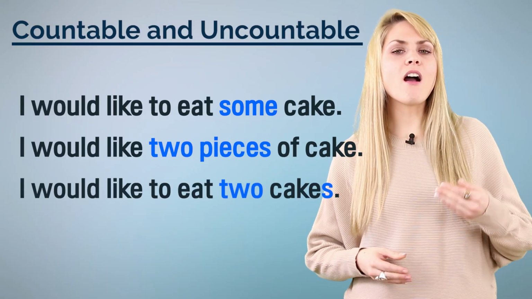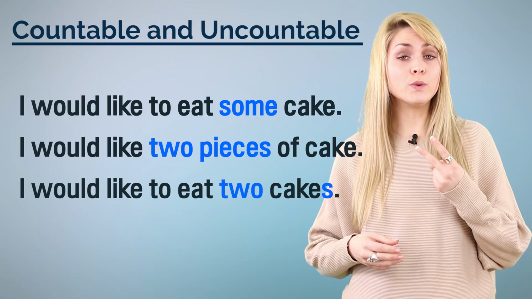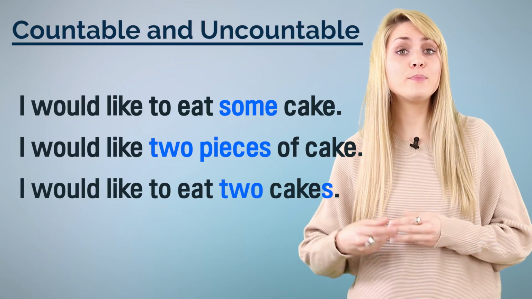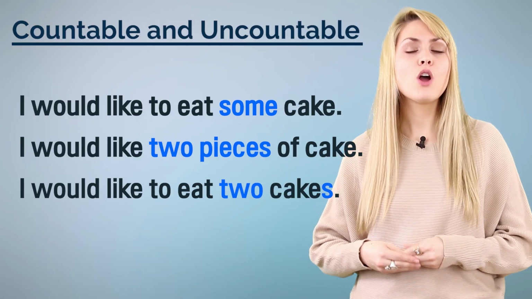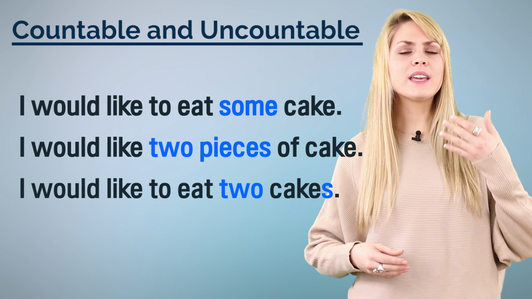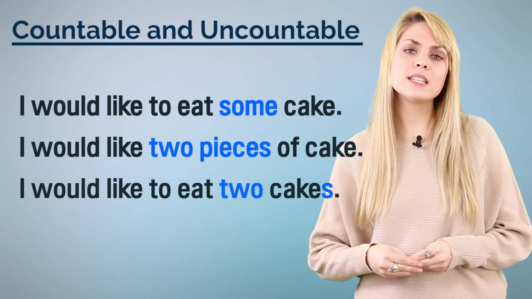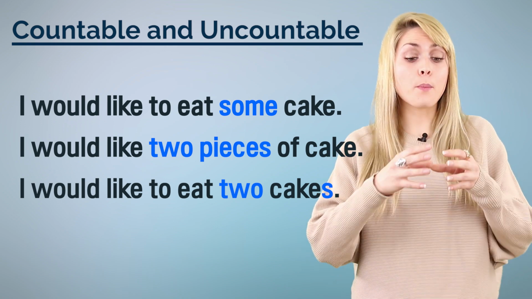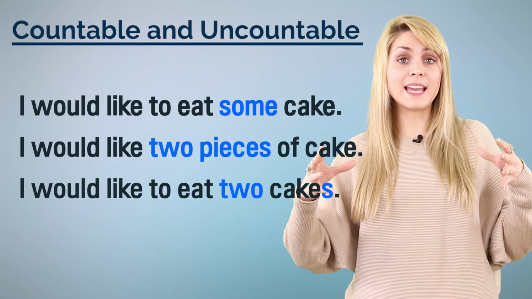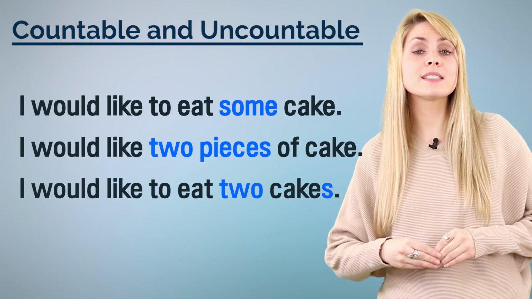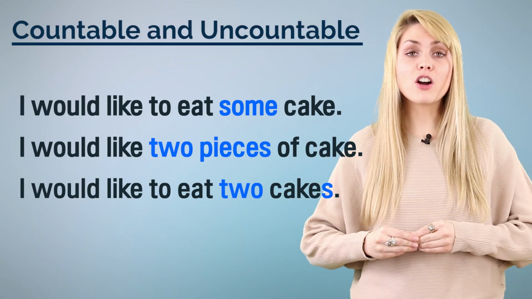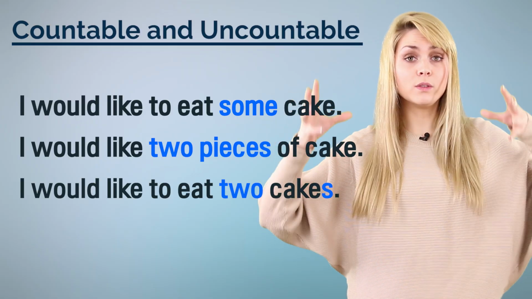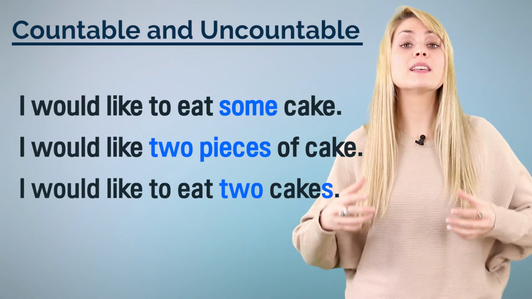But if I say I would like to eat 2 cakes, suddenly it becomes a countable noun. Why? Because in the first 2 sentences, we are talking about pieces of 1 cake. In the last sentence, we are considering the whole cake, so it becomes countable.